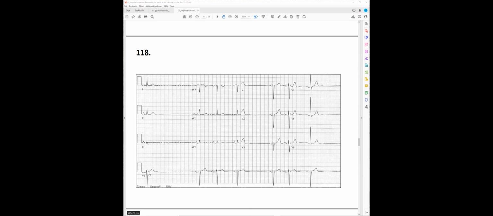Maybe sinus arrest. Yes, congratulations. That's sinus arrest because there is no P wave, no sinus here as well. And another, yes, we do have P waves and sinus. So sometimes there is no P wave at all, just a straight line. That's sinus arrest. Congratulations.